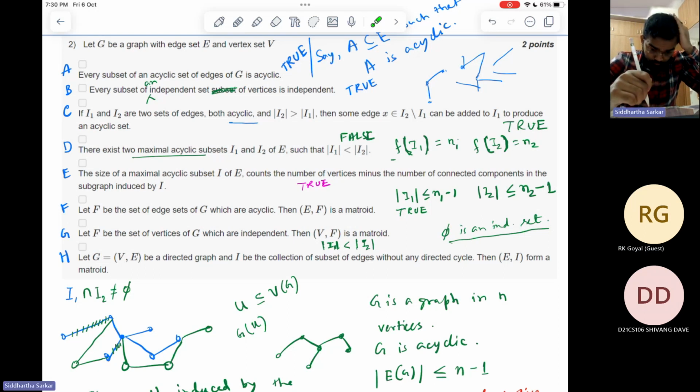So how do you prove this? If I prove it by contradiction, then if I include all the vertices of I2 into I1, and I1 and I2 both are independent.